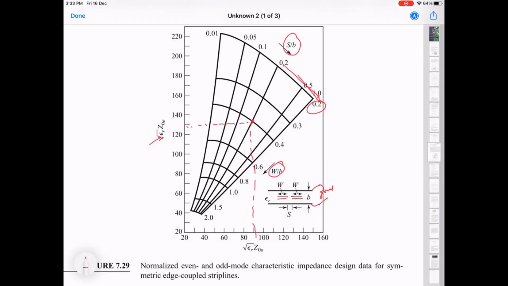Can I not keep the height fixed and still travel on S by B equal to change? So B is fixed, W is fixed. Only S is changing. I mean, at least that's the way to interpret this curve, right? You can choose this curve if you want. But this point here is at a higher value of even mode impedance than this point here.